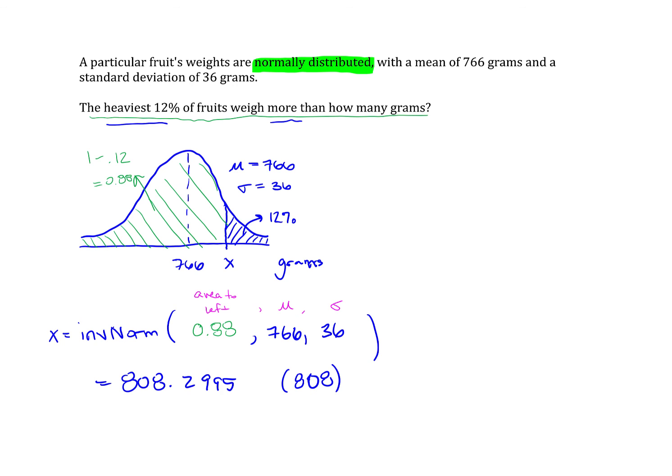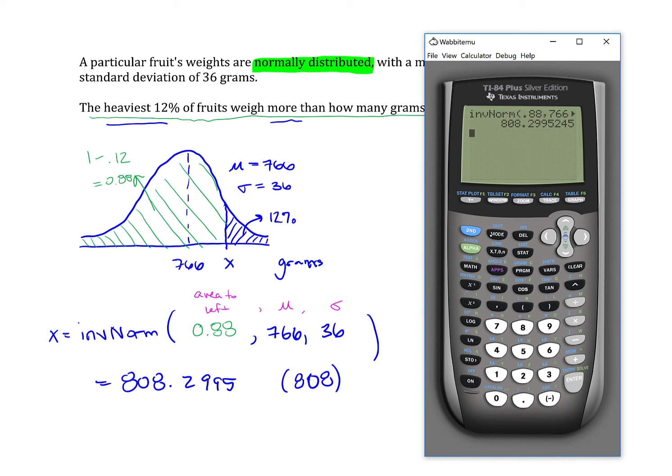Now, some of you, when you went to inverse norm, you may have seen a menu, and that's okay. It's a feature of the later model calculators, and it's trying to help you remember what the inputs to the different functions are so that you don't have to remember which ones are which. All right, for inverse norm, it takes area to the left, mean, and standard deviation.